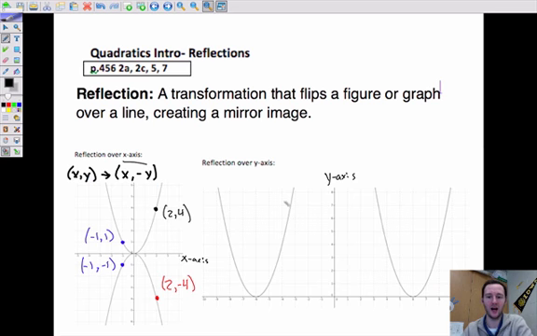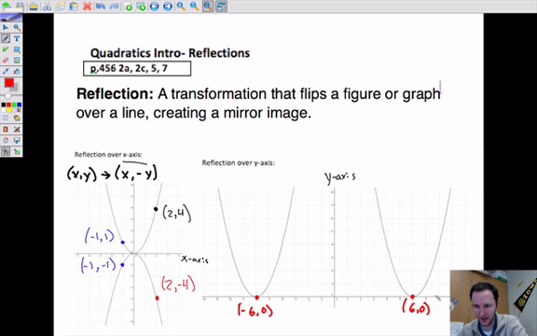Okay. It's very similar here on the y-axis reflection. So let's take our vertex, whoops, I said 6, 0. And when I reflect it, here's the vertex again. That's (-6, 0).